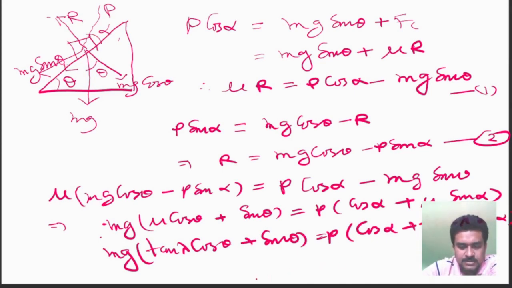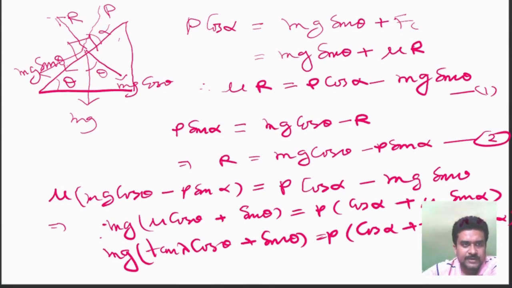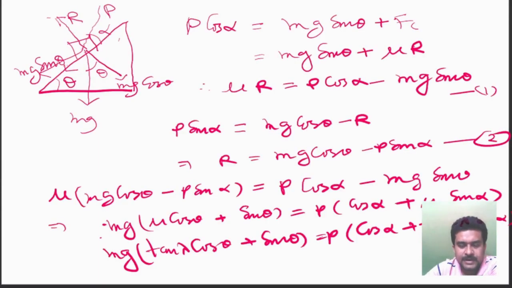Okay, so using very simple algebra, we can find out the more appropriate equation for P, and P will be simply like this: P is mg. Now you can write tan alpha is sin alpha by cos alpha.